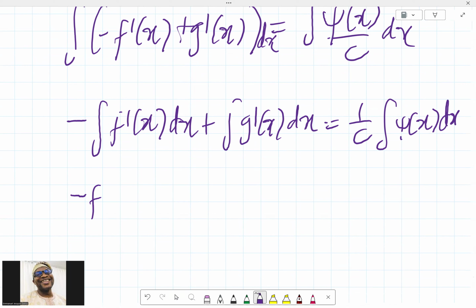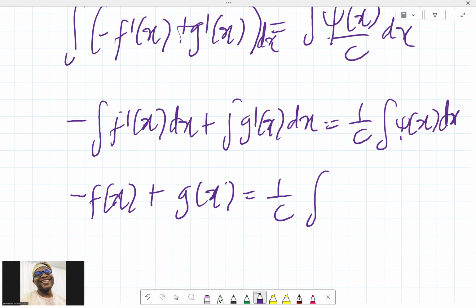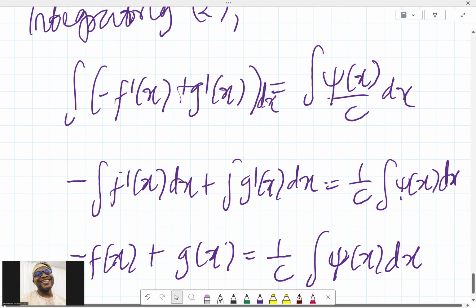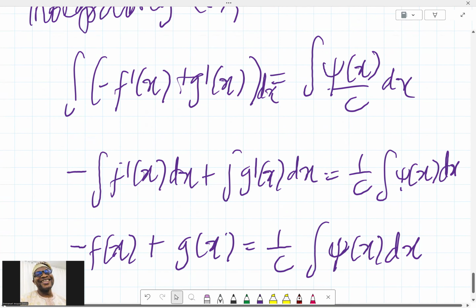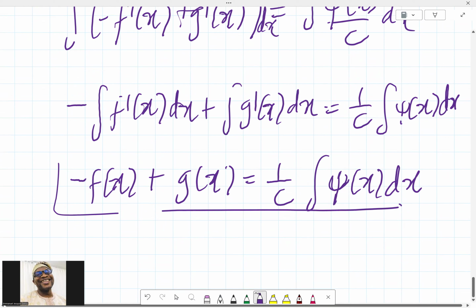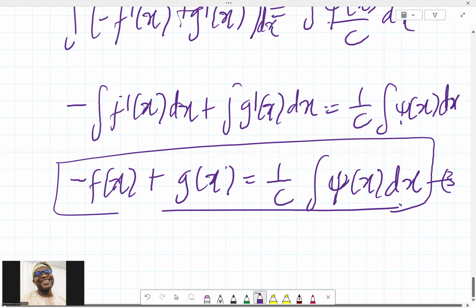So we have minus f of x plus g of x equals 1 over c integral of psi of x dx. So if that is the case, we can call this equation 3.